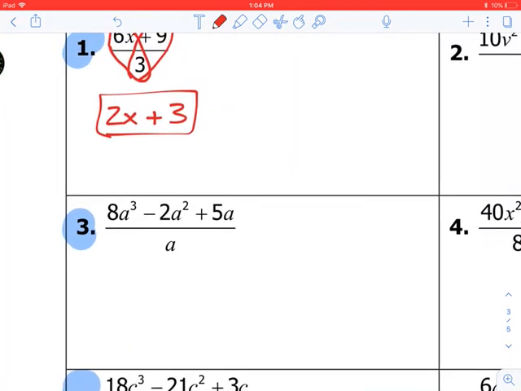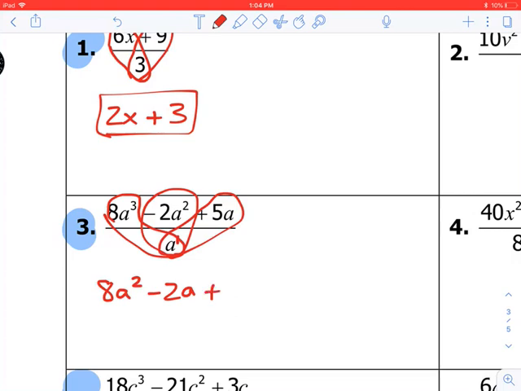So 8 divided by 1 is 8. 3 minus 1 is 2, so 8 squared. Negative 2 divided by 1 is negative 2. 2 minus 1 is 1, so a to the first. And then here, 5 divided by 1 is 5. a minus a, those cancel, and I've got just 5 now. And there we go.